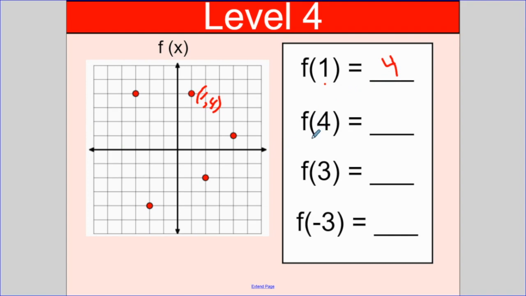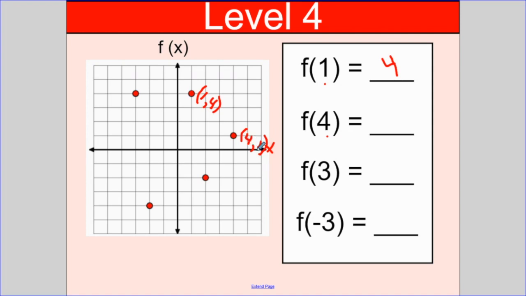Well, here we're going to look for f of 4. So we need to find out where our x value is 4. This is our x-axis, remember. And so we're going to come over 1, 2, 3, 4. Is there a point at x equals 4? Yes, this point right here. This is point 4, and it's up 1.